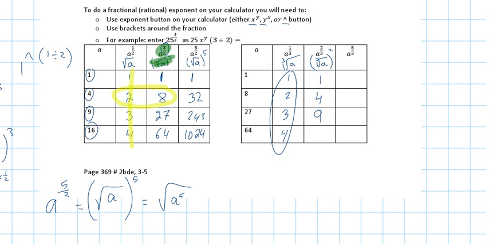Now I want you to use your calculator and do a, which is 1, 8, 27, 64, to the power of 2 over 3. See if the answer matches the answer that we just got without using the calculator. They match, right? Good.